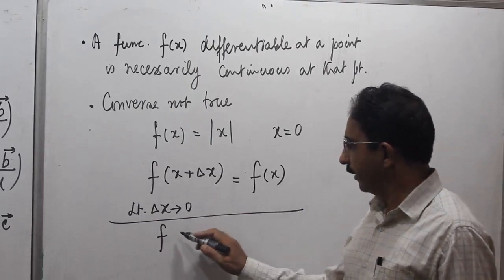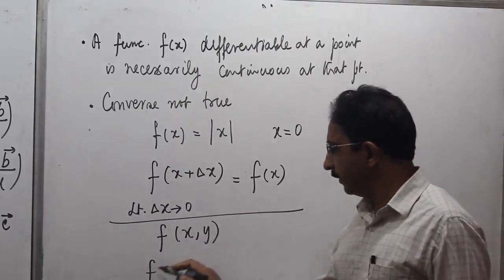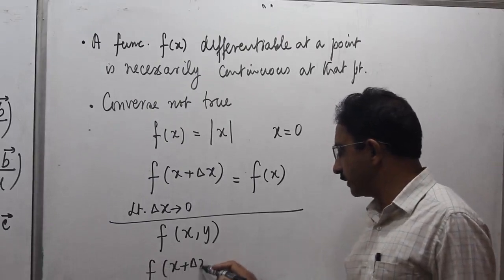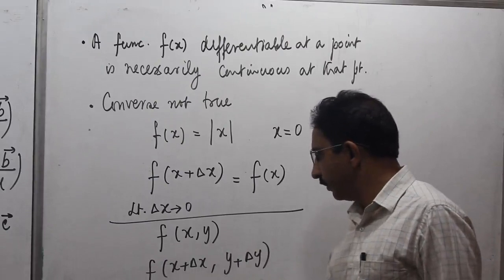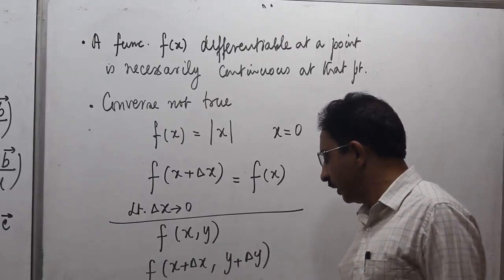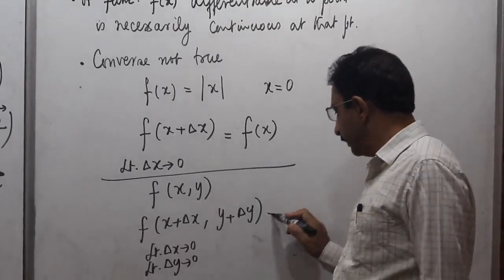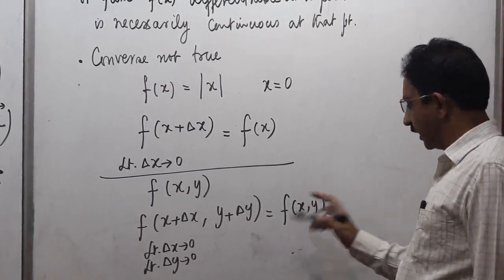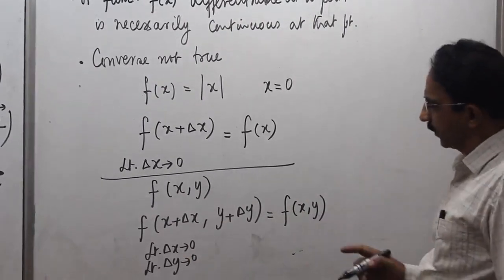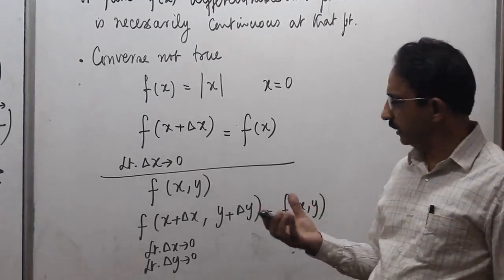If I have a function depending on x and y, then I give an increment to x and an increment to y such that delta x tends to 0 and delta y tends to 0. If this function has the similar value as f of x y, that would be an approximate test of its continuity at a point.